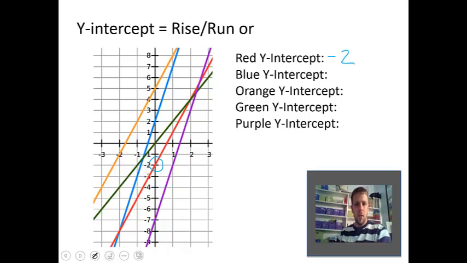Where does the blue one cross at? It crosses at 2. Where does the orange one cross at? It crosses at 5. Where does the green one cross at? It goes through the origin, so we'd say it goes through 0. And purple, it crosses at -7.